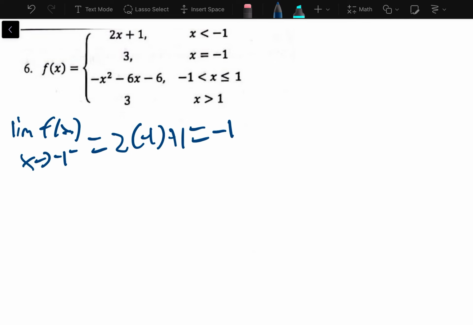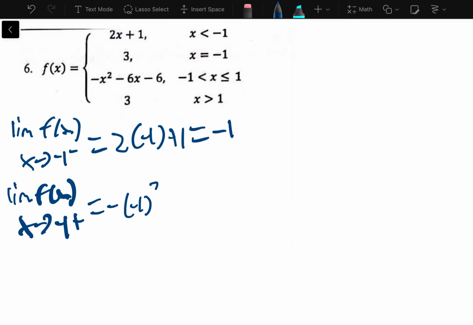And then we have the limit of f of x as x approaches negative 1 from the right, equal to negative 1 squared minus 6, negative 1 minus 6, which in the end we get negative 1 also.